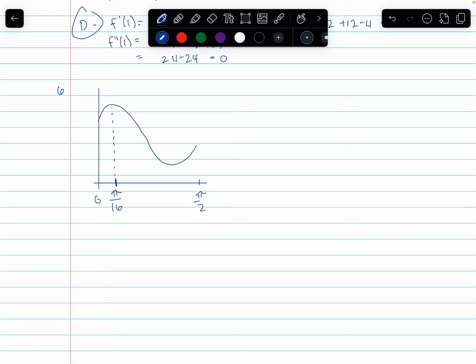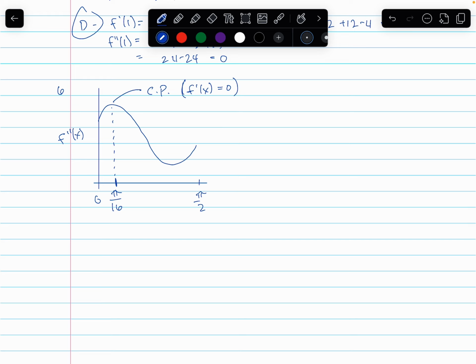On this interval, f has only one critical point, and this is at x equals pi 16th. So this right here is a critical point. Make sure that we understand that this graph is f double prime of x, but this is a critical point, meaning that f prime of x is equal to 0. Right? F has only one critical point, which occurs at x equals pi 16th.